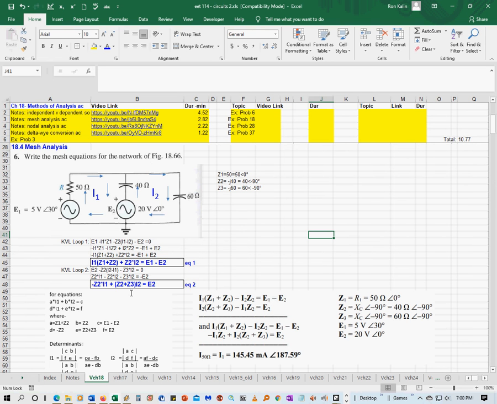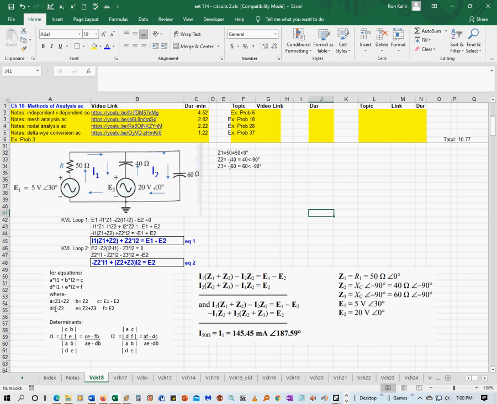So then using determinants, we have basically two equations that look like this. This is equation 1, and this is equation 2, where A equals Z1 plus Z2, B equals Z2, C equals E1 minus E2, D equals minus Z2, E equals Z2 plus Z3, and then F equals E2.